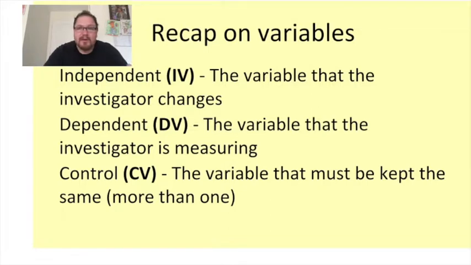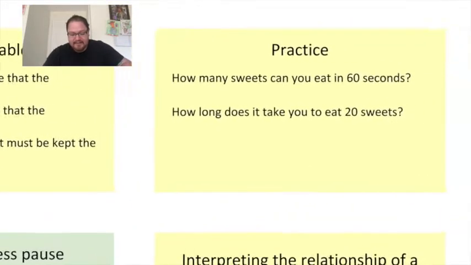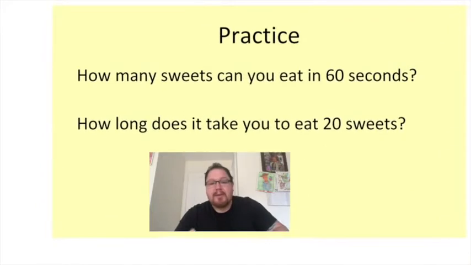Otherwise, it's pointless doing it. Today, we're not going to be dealing so much with the control variables. It's the independent and the dependent variables we really need to target. So here's a bit of practice, just to recap what we've been doing with variables. How many sweets can you eat in 60 seconds?